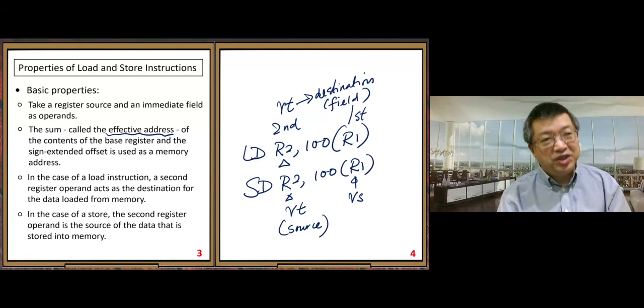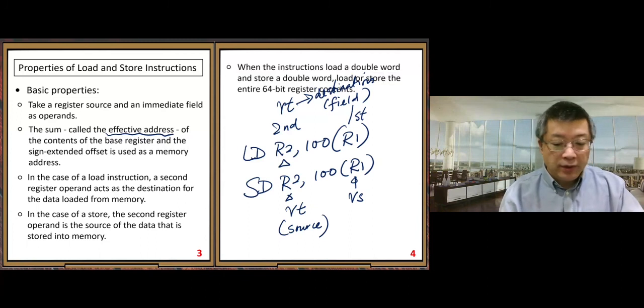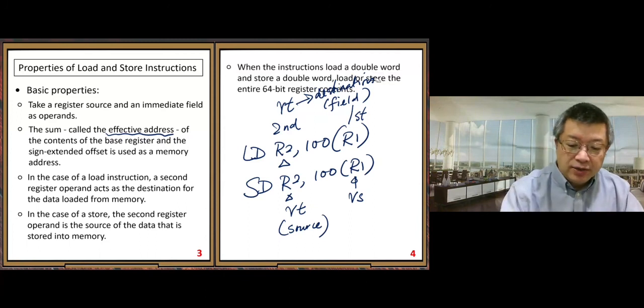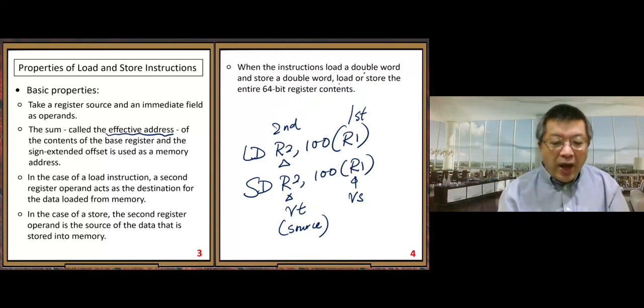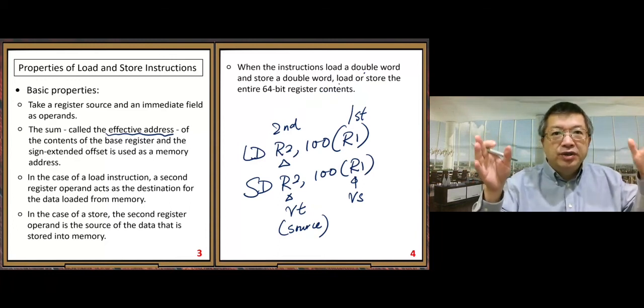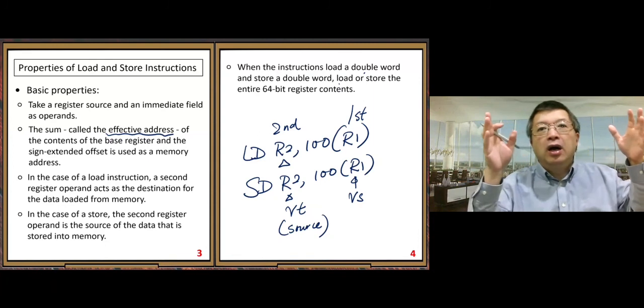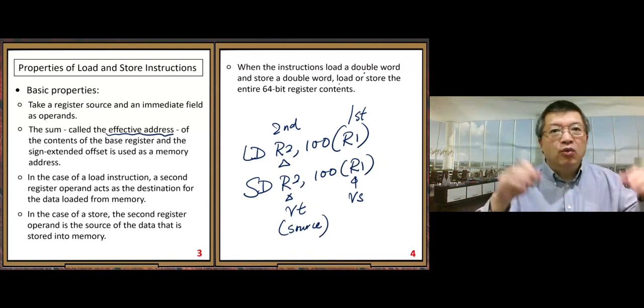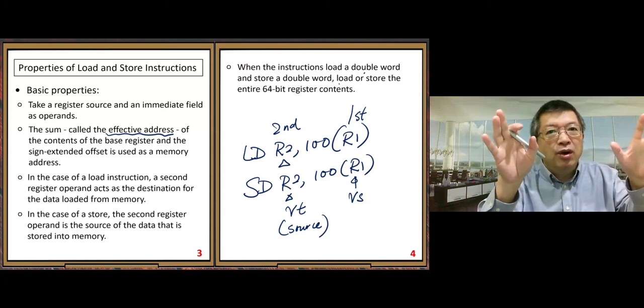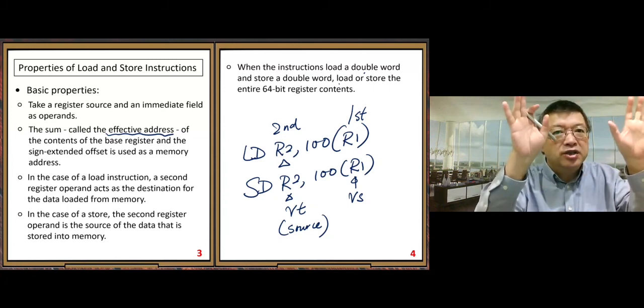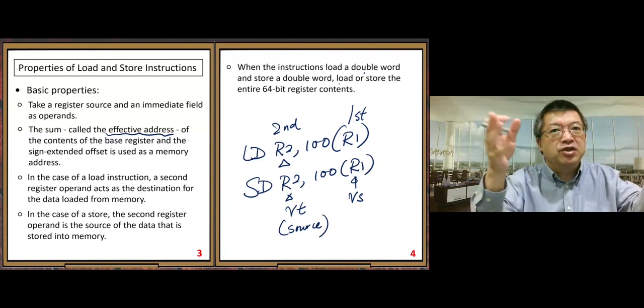Okay, the summary. We discussed this kind of comparison before. The last property: when the instructions load a double word and store a double word, they load or store the entire 64-bit register content.